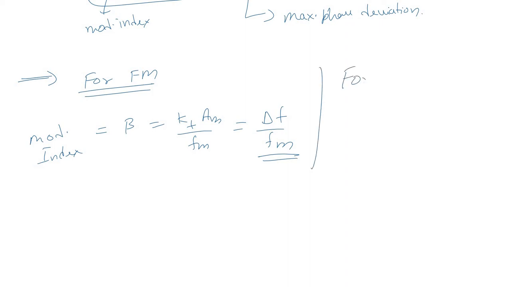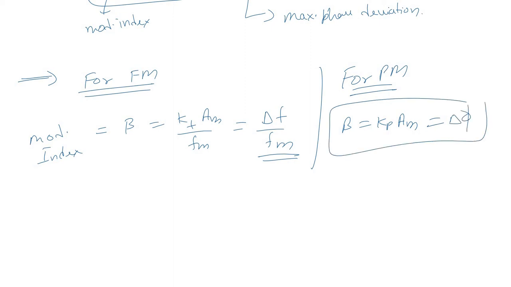But for PM, this modulation index beta is equal to Kp into Am, and it is equal to the maximum phase deviation, delta phi, and clearly it is independent of the message signal frequency.